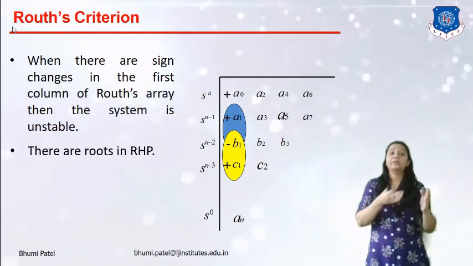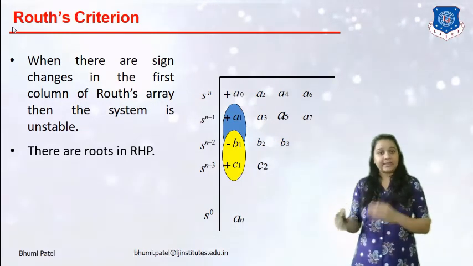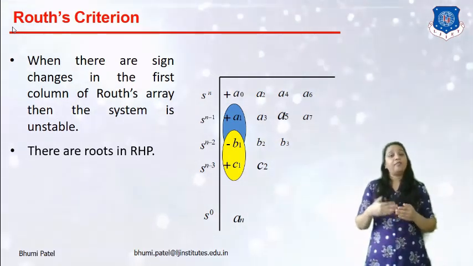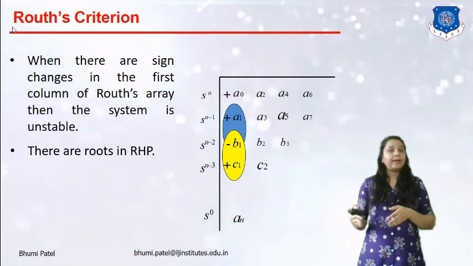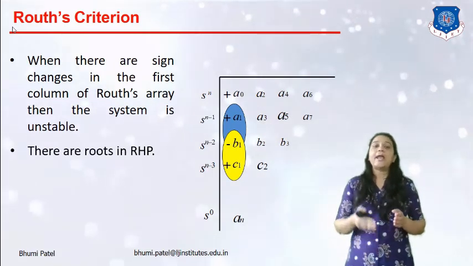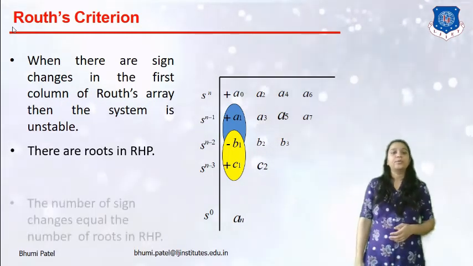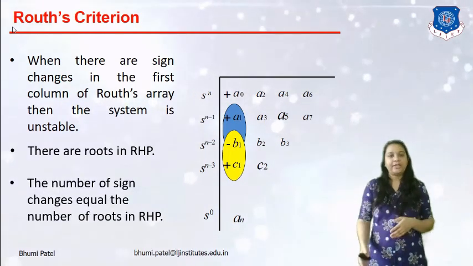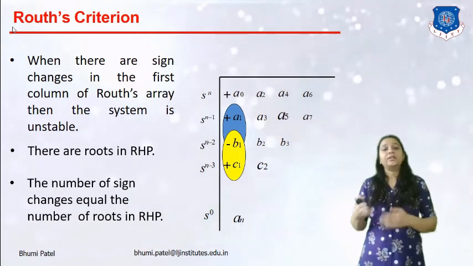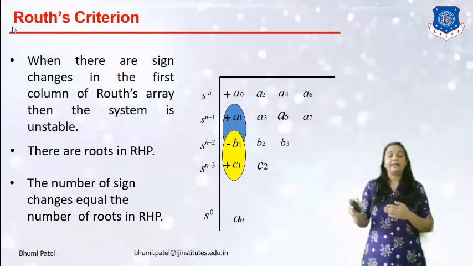That means there are roots in the right-hand side, and whenever any one of the roots is located in the right side, the system becomes unstable. The number of sign changes equals the number of roots in the right-hand side.